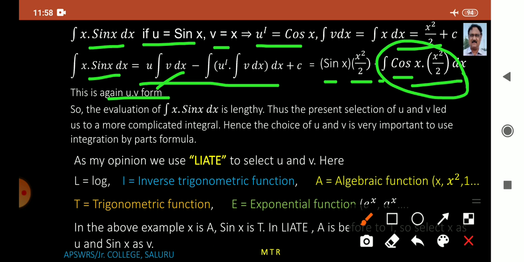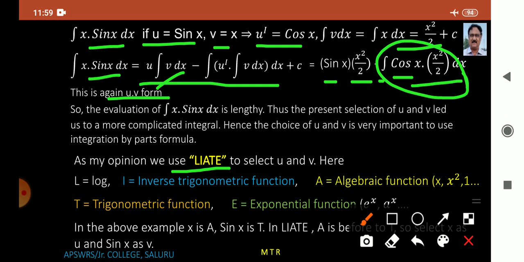As my opinion, to select u and v there is a small simple trick. This is my opinion, not a formula in our textbook. That is LIATE. What is LIATE? L means logarithmic functions.